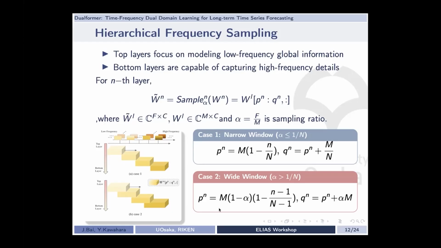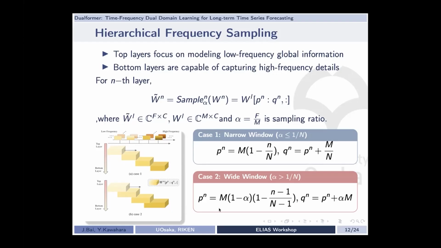The illustration is here. P_n and Q_n can be defined based on these 2 cases. Case 1 is when alpha is less than or equal to 1 over N, where we simply define a uniform partitioning.